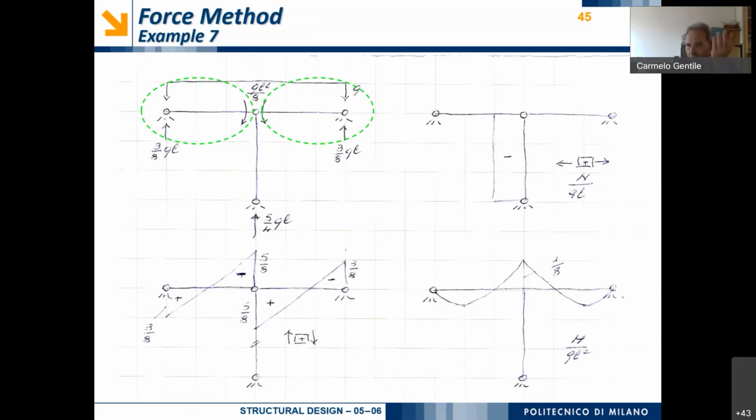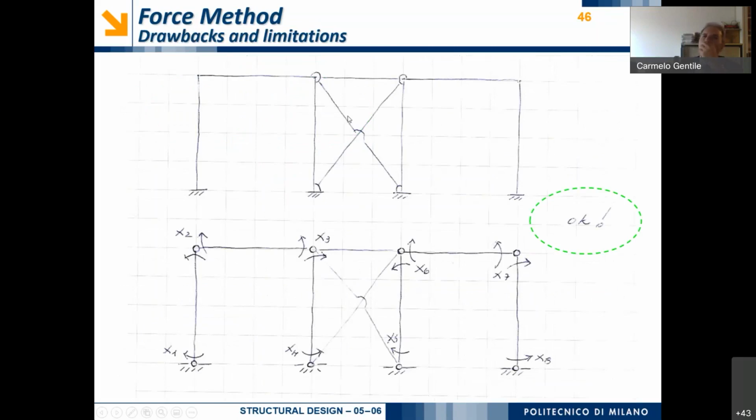We have already examined the behavior of this kind of beam several times, and so we are capable of evaluating very quickly the distribution of axial force, shear force, and bending moment corresponding to this redundant structure once I have solved for the redundant reaction.